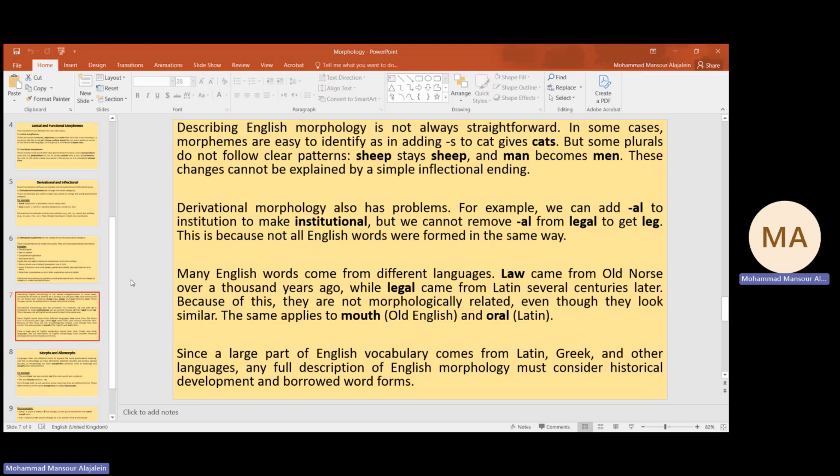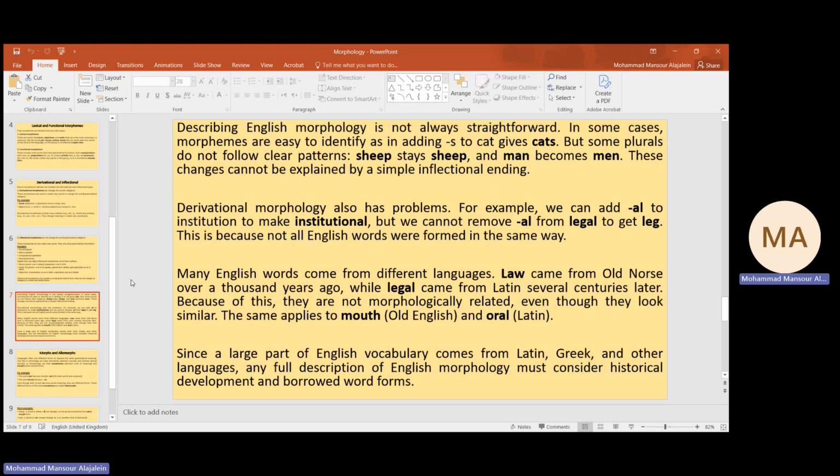But some plurals do not follow this clear pattern or structure, like the word sheep. In the singular form, it is sheep, as well as in the plural form. It's sheep in both forms. Man becomes men. These changes cannot be explained by a simple inflectional ending.